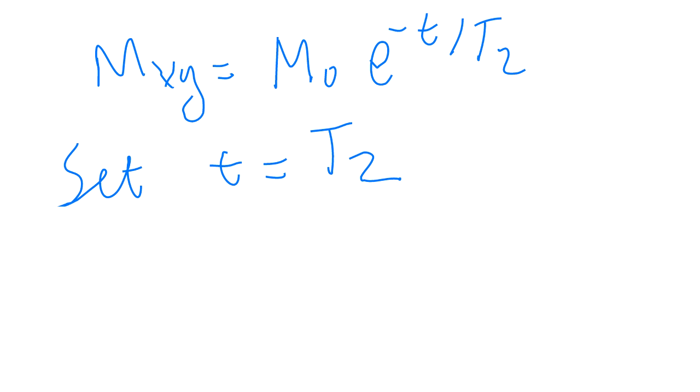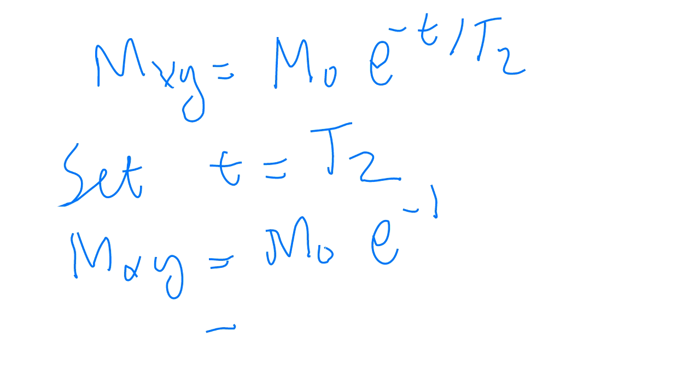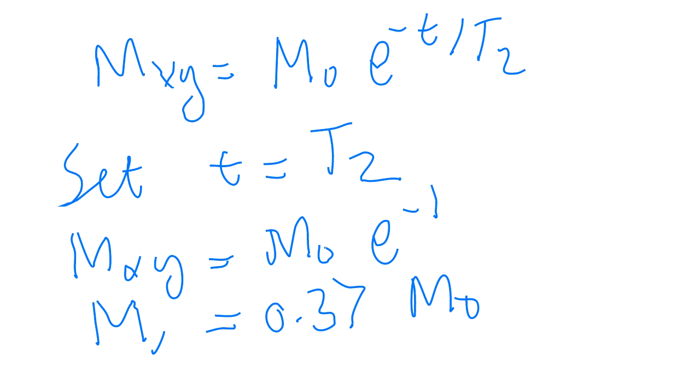And then from there you have MXY is equal to M0 e to the minus 1, which is equal to 0.37 M0. So you can say that T2 is simply the time needed for the transverse magnetization to decay to 37% of M0, or its initial value. Okay, that's it.